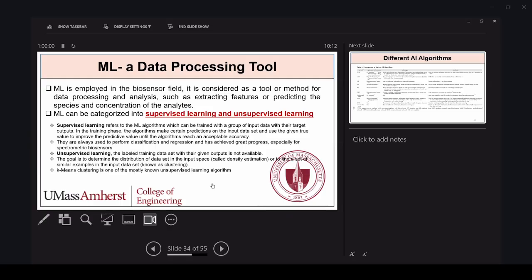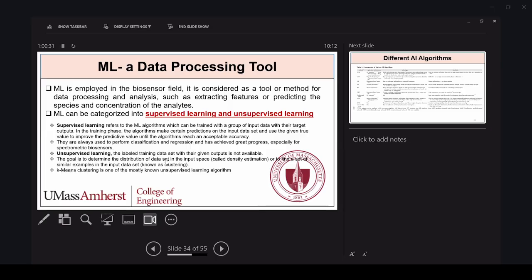Nowadays, machine learning has become a wonderful tool for biosensor detection, for analyzing large sets of data. It can be classified into supervised learning and unsupervised learning. It's mainly based on the training of that particular model: whether you train with a group of input data with target outputs, which is supervised learning, or with no given outputs available, which is unsupervised learning.